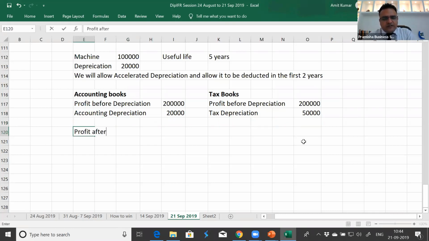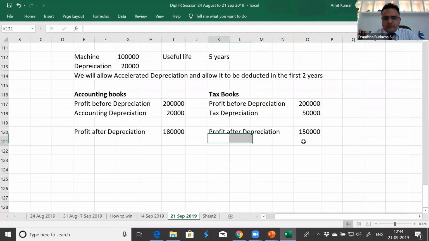Profit after depreciation is equal to... so the profits are of lower amount because of higher depreciation.